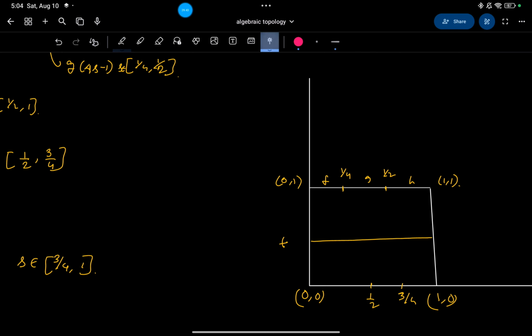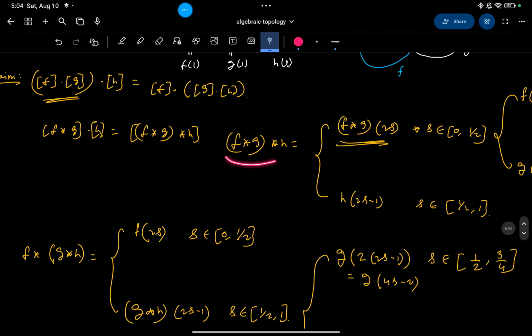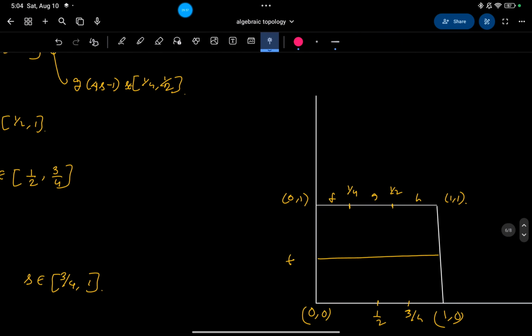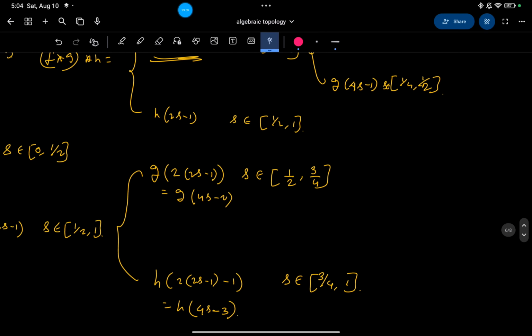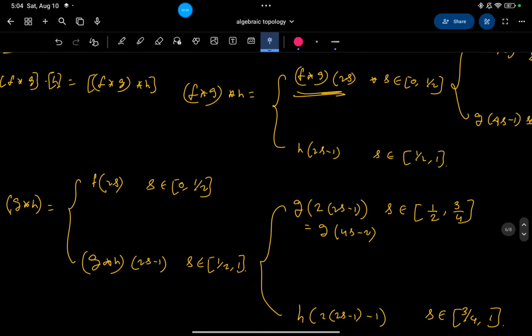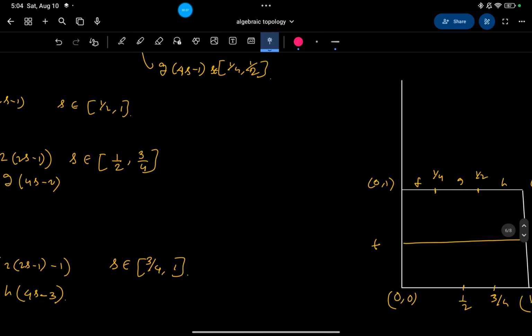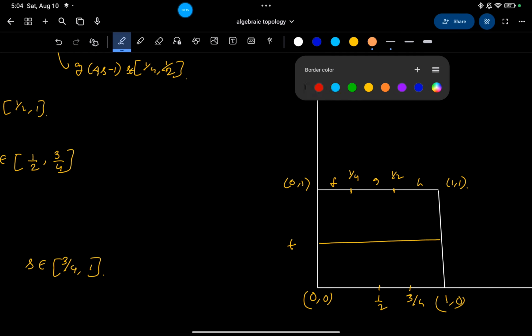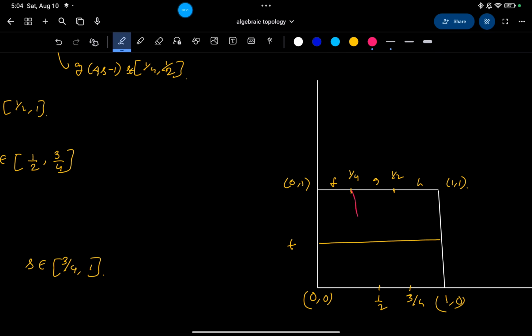Note that initially in f star g star h, f is acting from 0 to 1 by 4, and in the next case f is acting from 0 to half. So that means I can join these two particular paths. These two paths can be joined.